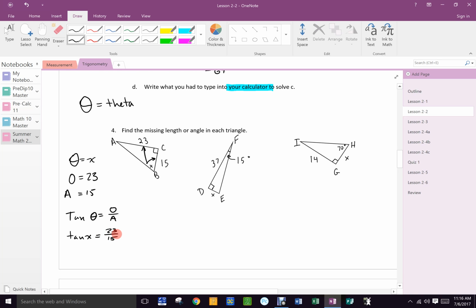Do I have the decimal or do I have the angle? I have the decimal. So is it shift tan or regular tan? Shift tan. And you punch it in. So everybody that hasn't done trig, you've done trig, this is boring. If you haven't done trig, please make sure you're practicing. How do I punch that into my machine? You just wrote it down right here.